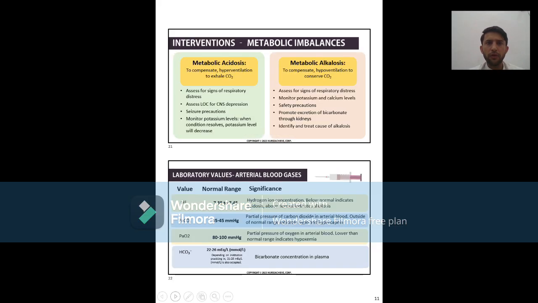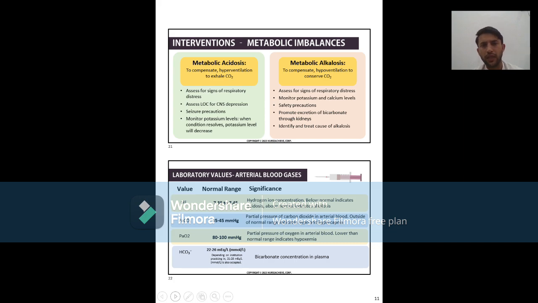Now, if we talk about the nursing management of metabolic acidosis, we have to support the compensatory hyperventilation to exhale CO2. We have to assess the patient for respiratory distress. The most important is to assess the level of consciousness for CNS depression.